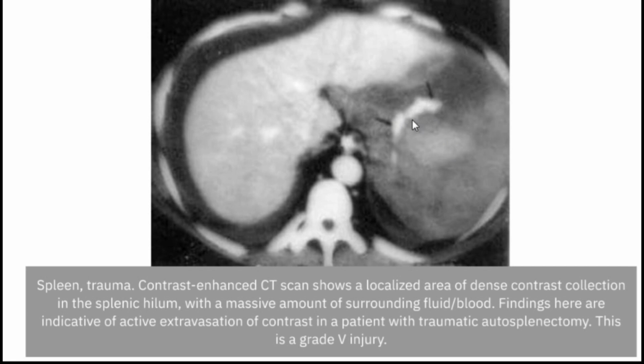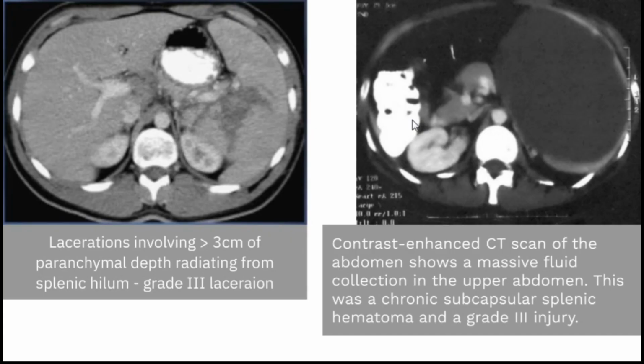This one, okay, so this is grade 5, because of the major vascular injury. So this is the laceration that's involving more than 3 cm. This was regarded as grade 3, a hypodensity area.